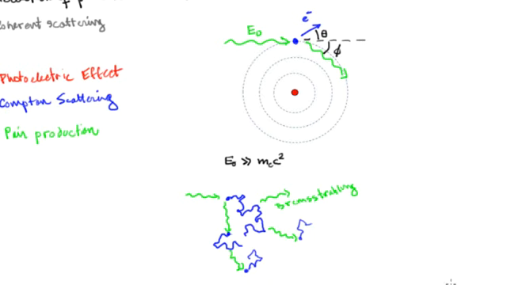Okay, and then if you look at the mean range of the electron in tissue, a handy rule of thumb is that the range in centimeters is approximately equal to the energy in MeV divided by 2. So you can see how far an electron goes. That's in tissue.